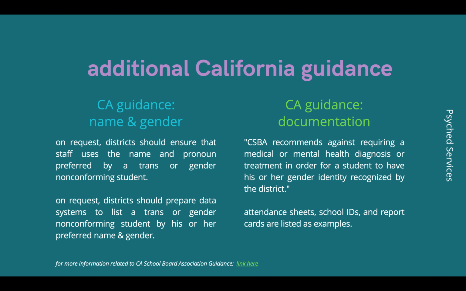Okay, some additional California guidance related to name and gender. The California School Boards Association has put out this guidance document, and one of the things that is really highlighted there is that districts should ensure that all staff use the name and pronoun that the student identifies with for a trans or gender nonconforming student, and that on request they should update the data systems to list that student by their name and gender that they associate with.